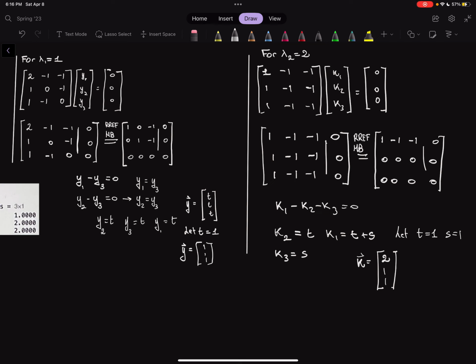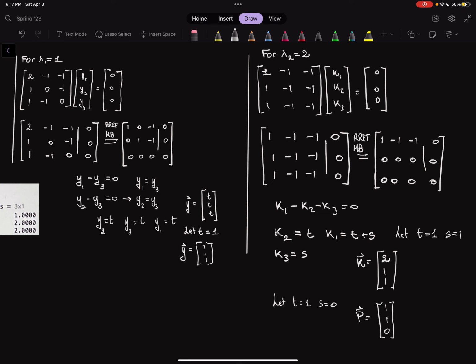Well, I think we can, because if we let K2 be 1, if we let T be 1 and S be 0, then we're going to find another vector, call this vector P, where the top one is going to be K1, which is T plus S, which we said is 1 plus 0, which is 1. The middle one is going to be K2, which we said is T, which is 1, and the third one is going to be 0.